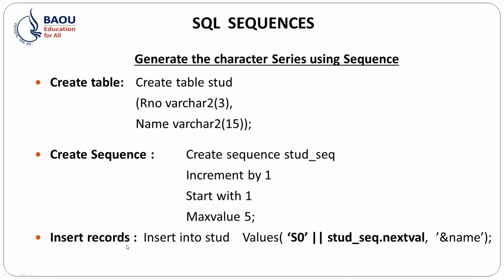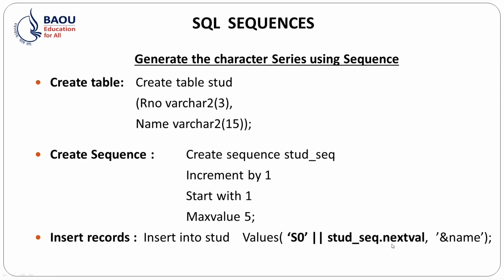See, insert records: insert into stud values, in single quotation SO as a character, and then pipeline combines the value from this.